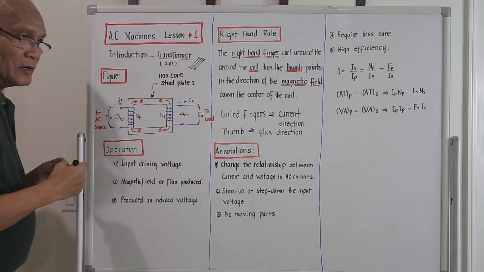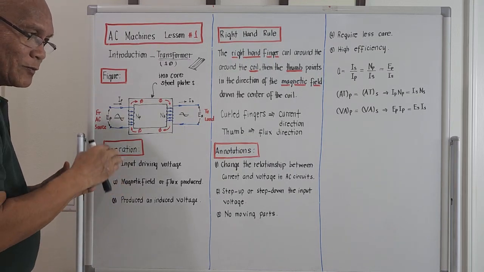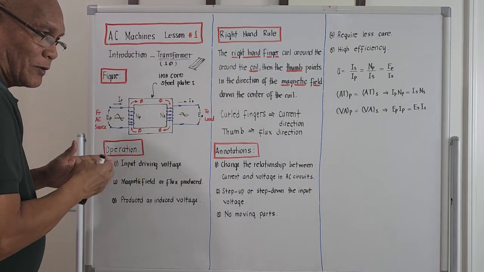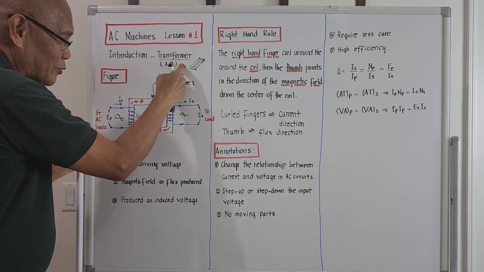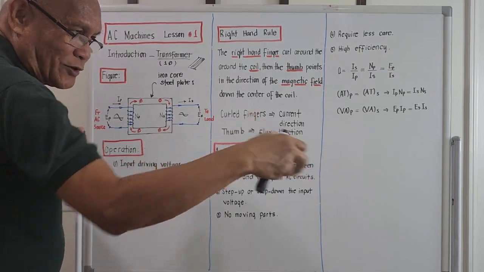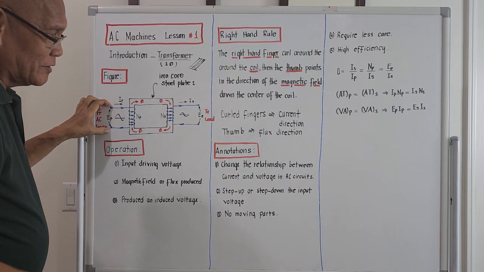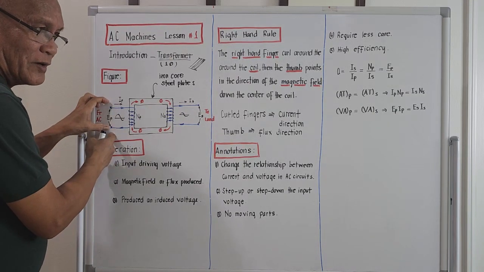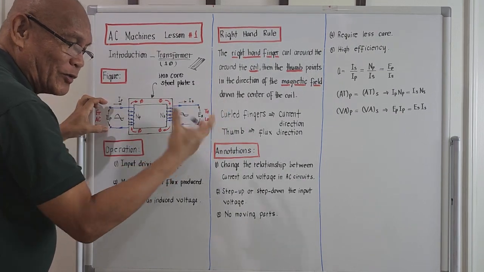Transformer meaning we will transform a different voltage from a high level to a small level, or from a low level to a high level. That's why the word transformer is synonymous to transformation. If we apply a certain voltage here, and assuming this voltage is high, and we want a small voltage at the secondary, we could do that.